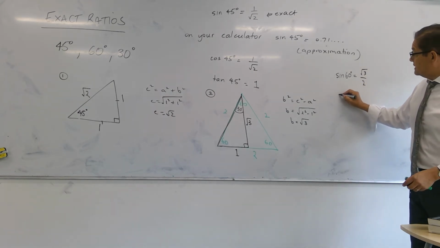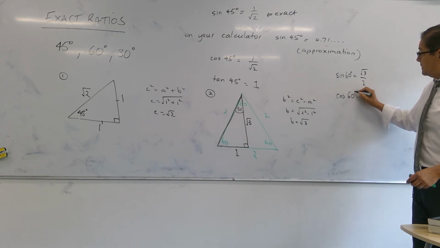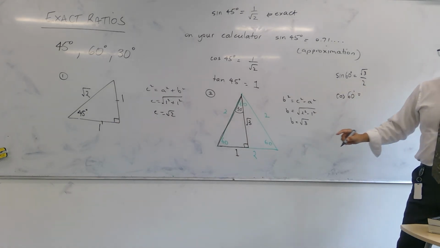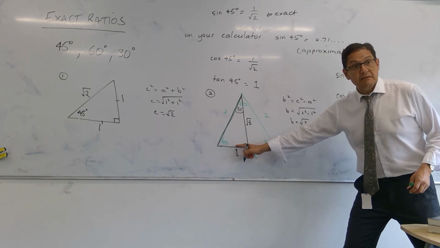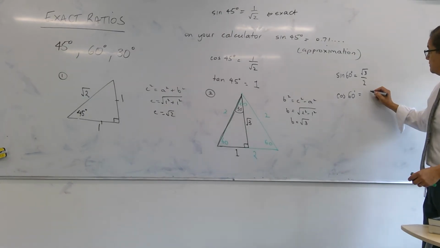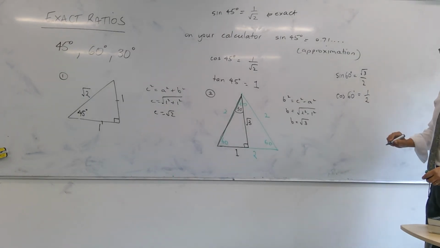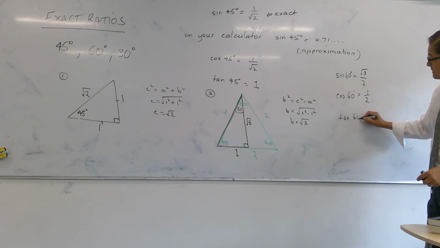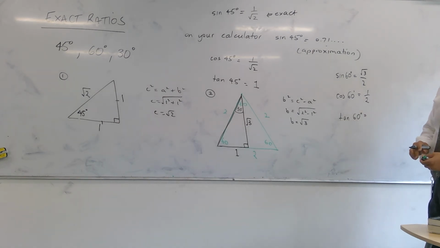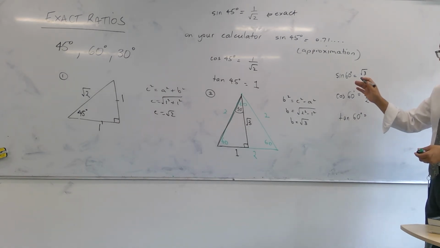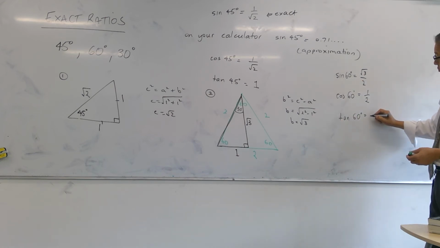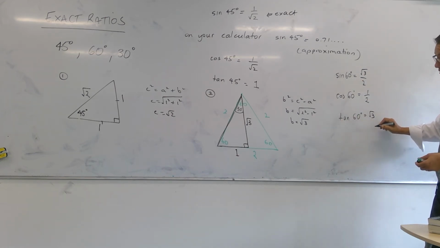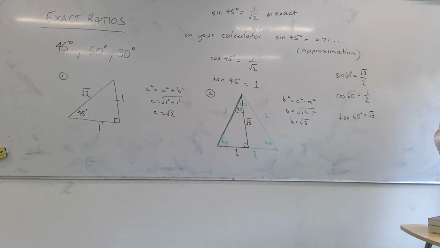And cos of 60 degrees from this very triangle would be adjacent over hypotenuse. And tan of 60 degrees would be TOA, opposite over adjacent, which would be root 3 on 1. Do I have to write the on 1? No.